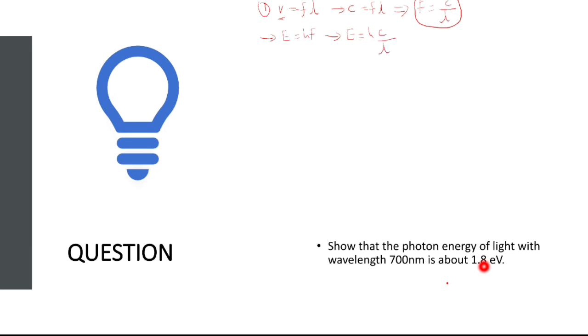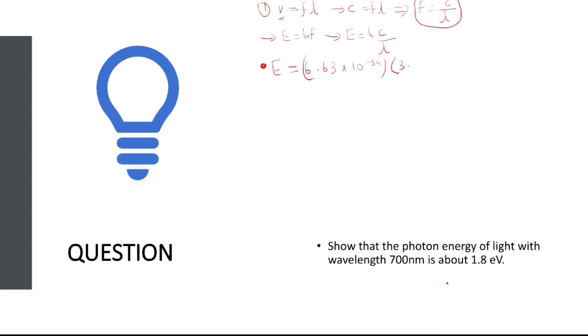The next step is substituting the values to calculate the photon energy. We need to get the energy in joules, so we just substitute the values. Planck's constant is 6.63 times 10 raised to the power of minus 34.